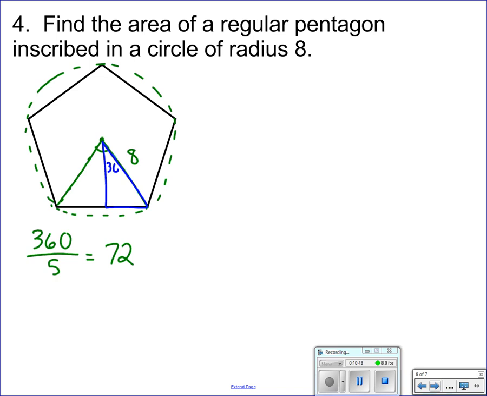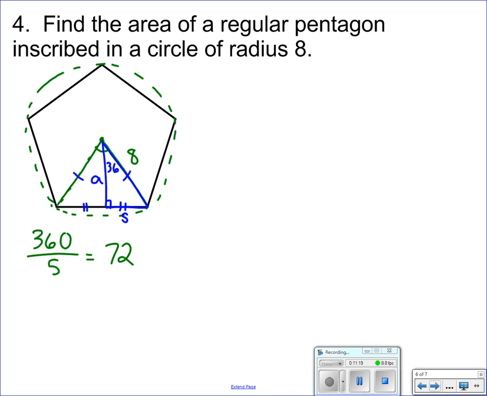So this is 36. That's the angle that we need. I need to find both the apothem, let's call that A, and half of the side length, because the triangle that we draw in is isosceles, so those two sides are equal. When I drop down the perpendicular, the base is cut into two congruent segments. I need to find that length, S.